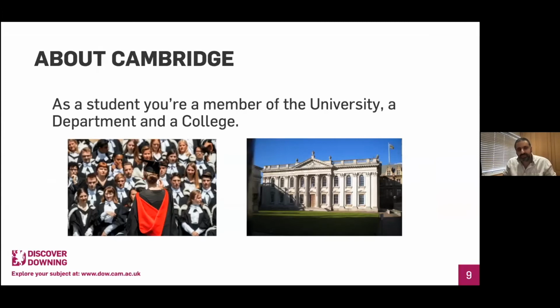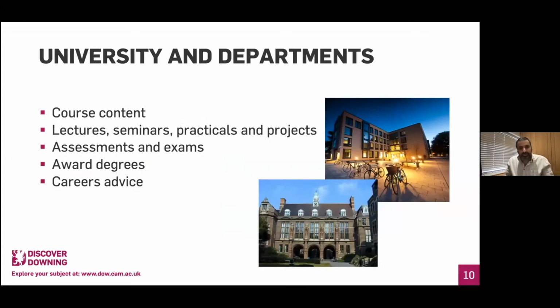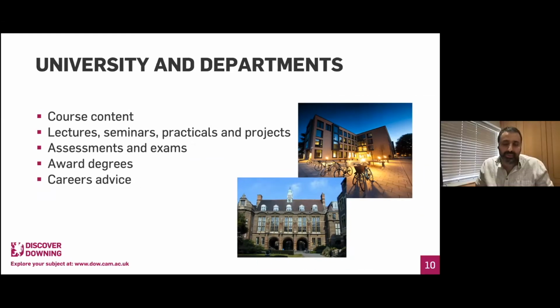So a little bit about the university. When you join the university as a student, you are a member of the university and a particular department that you're studying at, as well as a member of the college that you've been admitted through. Now, in terms of what the roles of these two institutes are, the department sets course content. It's there to provide all the lectures, all the seminars, all the assessment around the subject area.